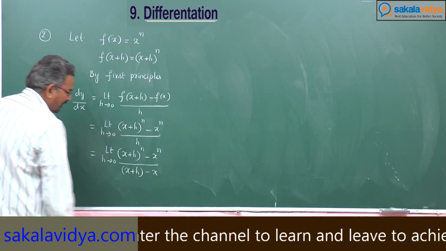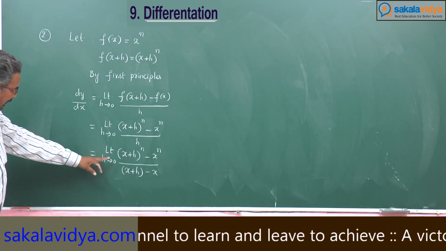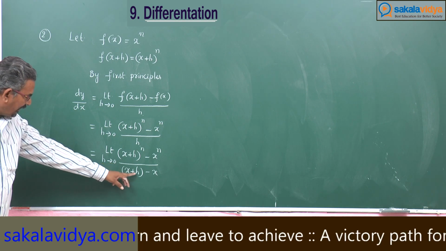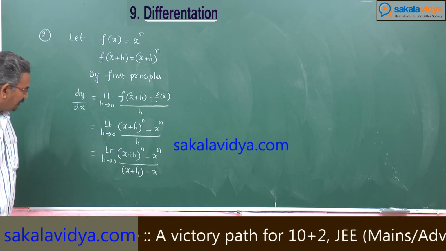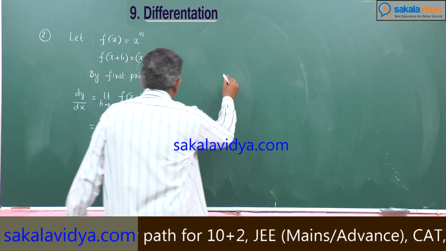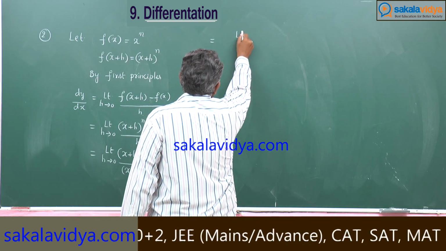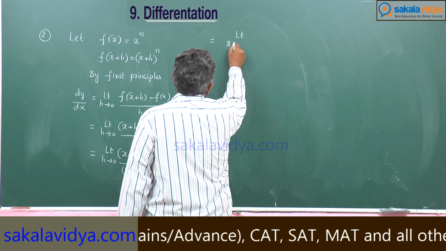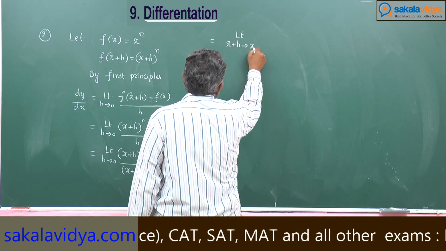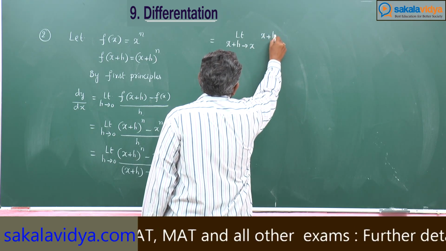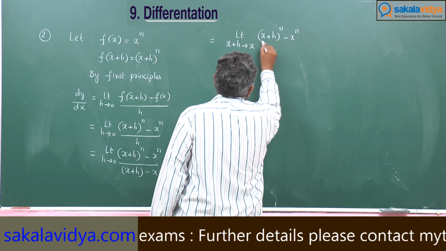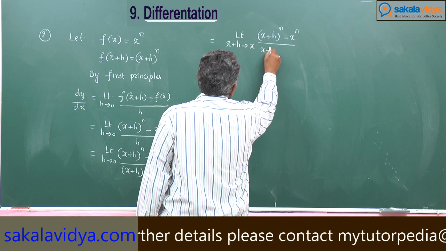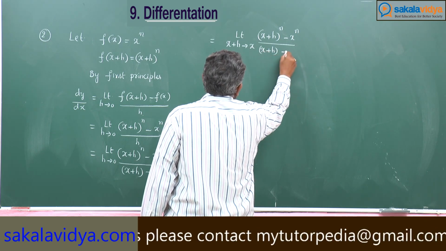Does it make any difference? No difference. As h tends to 0, x plus h tends to x. So now this can be written limit x plus h tends to x, x plus h whole to the power of n minus x to the power of n by x plus h minus x.